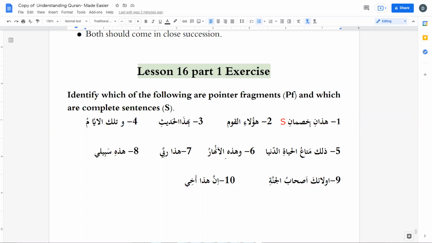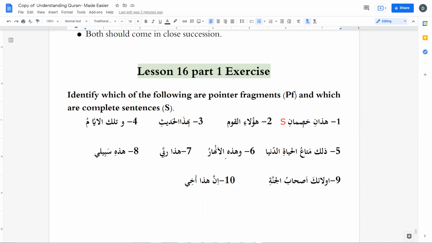And hazani khasmani, yes, you are right that all conditions are not met here. Why? Because though they are coming close to each other, the second one is the pointer fragment. I'm just explaining the first one. Why is this a complete sentence? Because there is no al on the second ism.